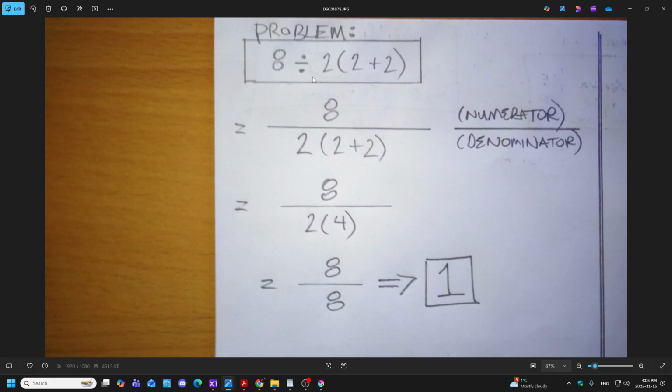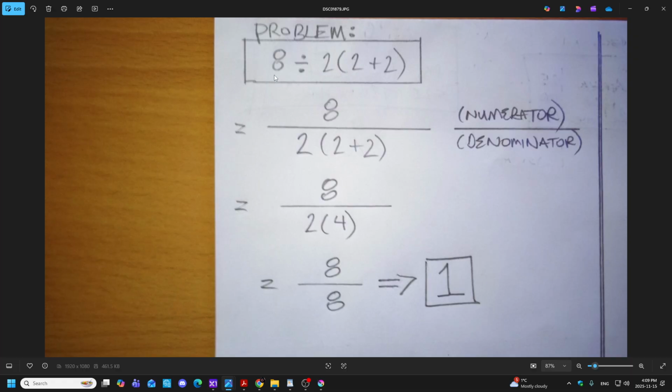You understand BODMAS, PEMDAS. Majority of us do. But this here is kind of like a left-hand side, right-hand side thing. Again, it's a numerator over denominator. That's why I've been teaching you guys and gals the left-hand side, right-hand side concepts, because I think this is what a lot of people are missing.